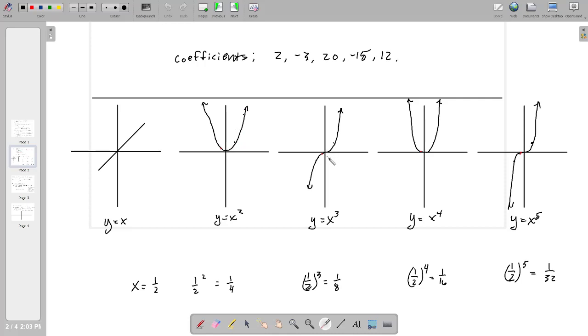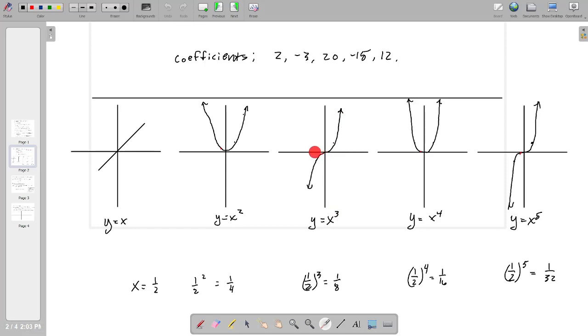Now with an odd degree function, it's a little bit different because as x goes to positive infinity, we would have a positive times a positive times a positive, which is positive. So as x is going to infinity, y being x cubed will also go to positive infinity.